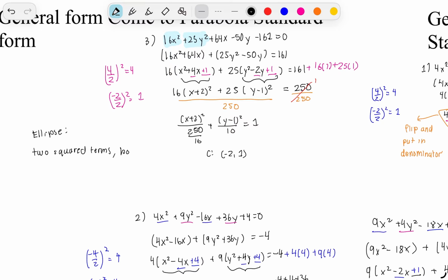They are going to be both positive and they're going to have different coefficients. Because they have the same sign and they have different coefficients, that's how we know it's an ellipse, even if we didn't complete the square, but you still have to show you completed the square.